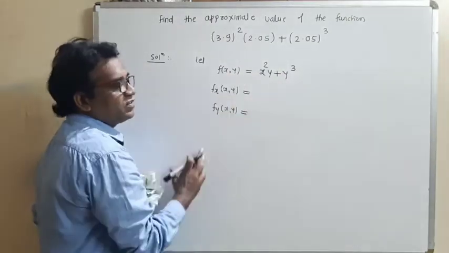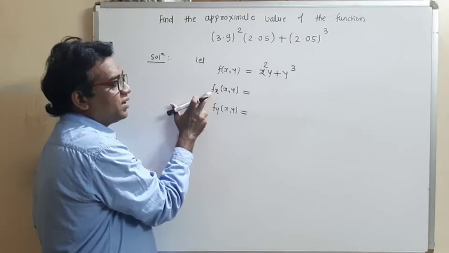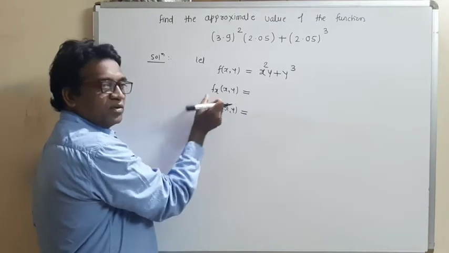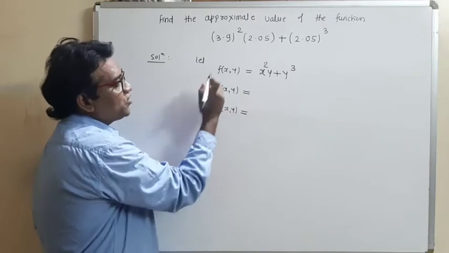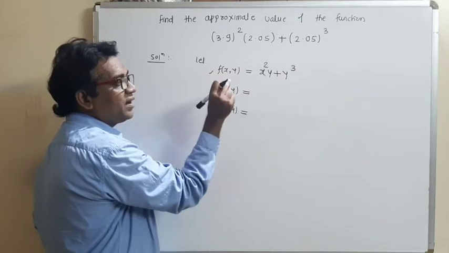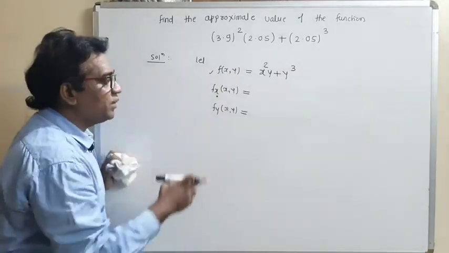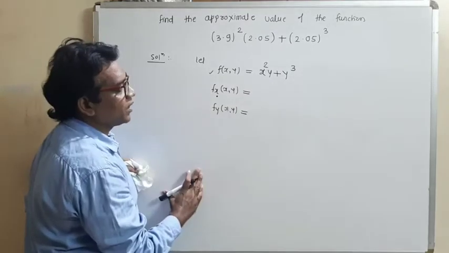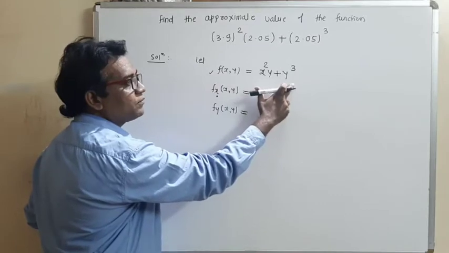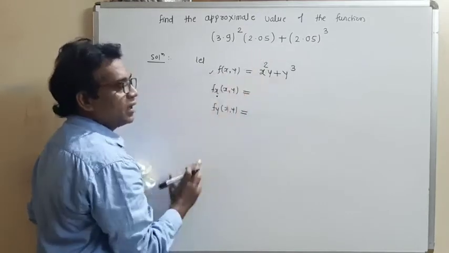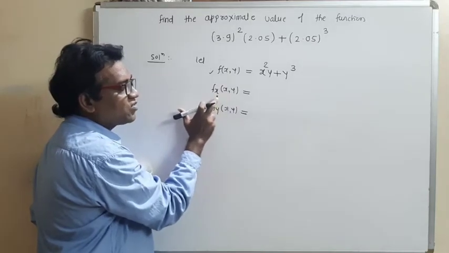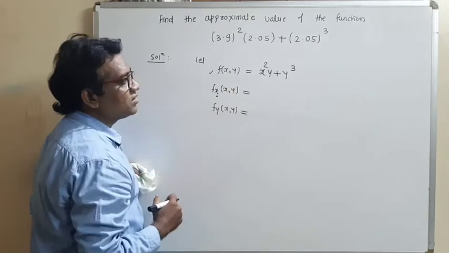Now from the given function, first of all find out the partial derivative with respect to x. So how to find out this fx? Differentiating f partially with respect to x by treating y constant. The partial derivative fx means we have to find the derivative of f partially with respect to x, so just find the derivative of x alone by keeping y as a constant quantity.